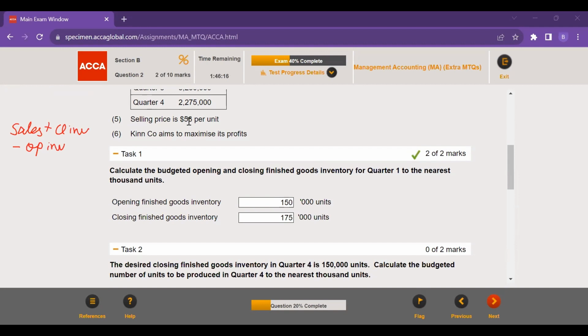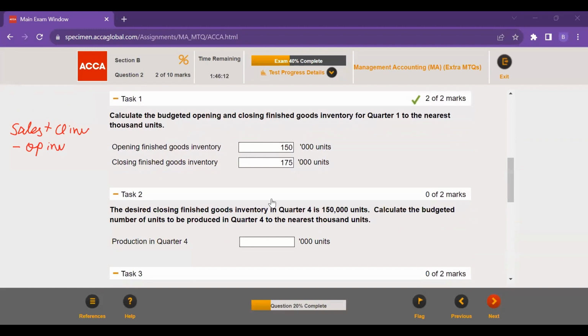Plus our closing inventory, which is also given to us as 150,000 units. Then we subtract the opening inventory. So sales, as we just saw, was 2275,000, and then I am adding the closing inventory, given over here, which is 150,000 units, and subtracting the opening inventory.